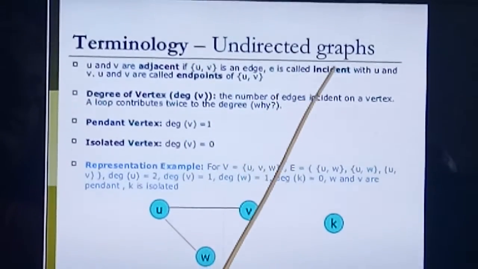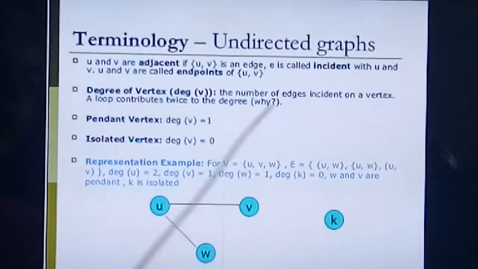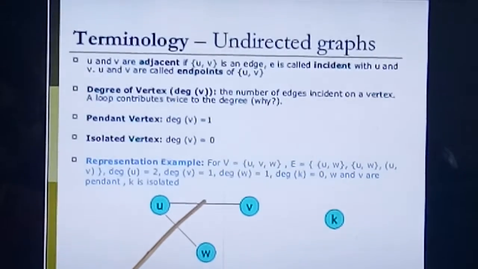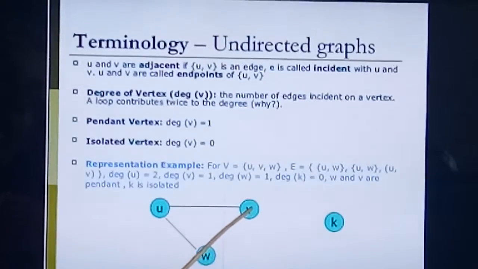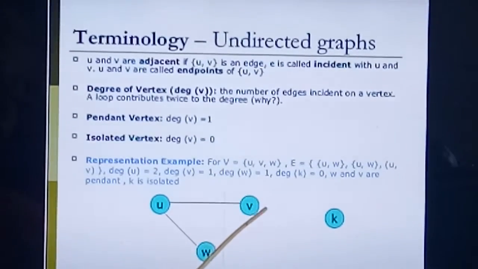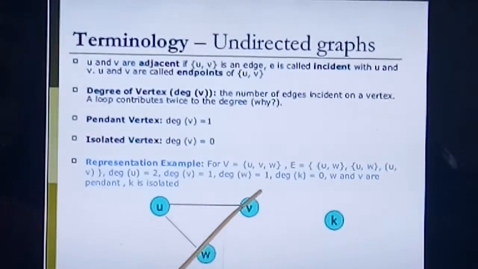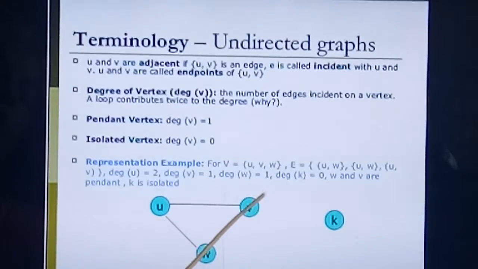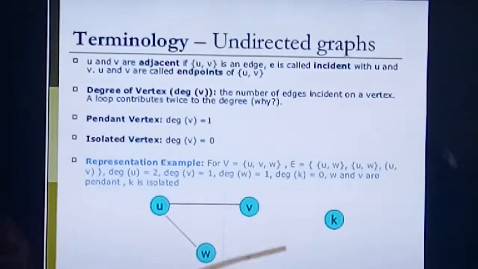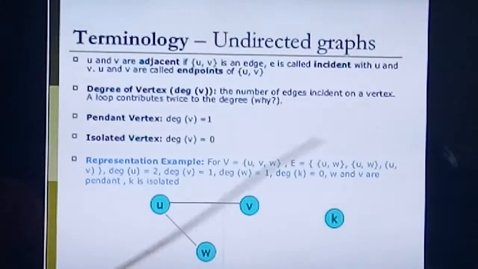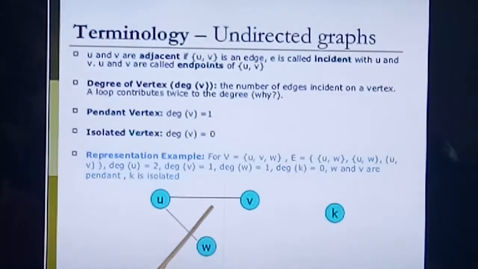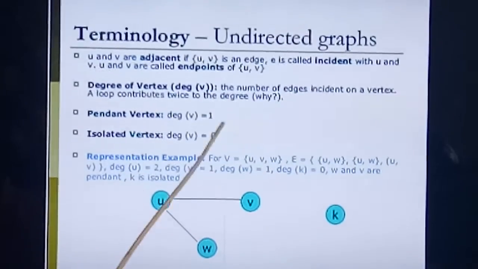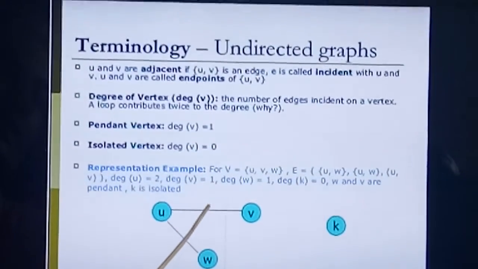And E is called incident with U and V. This edge is incident on the vertices U and V. Please get clear with these two terminologies, adjacent and incident, because you have the adjacency matrix and incidence matrix in representation of graphs. Finally, we will have those topics also in this unit. So just understand what is adjacent and what is incident.